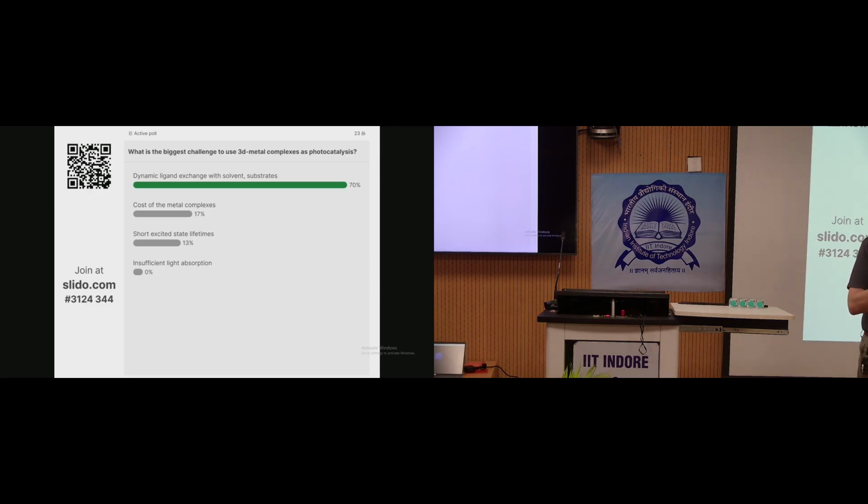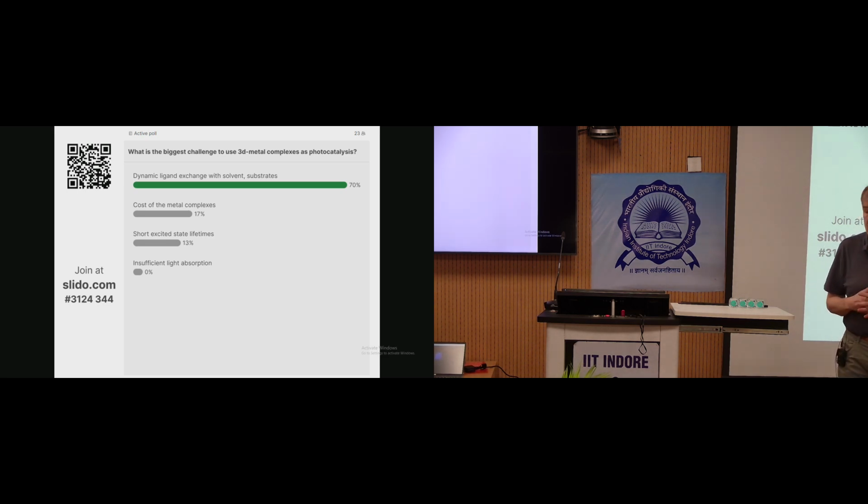On the other hand, you could think about this: if it is dynamic, even if you don't have the ligand you need for the light absorption all the time, you might have it some of the time, which might be sufficient. And the other thing, I showed you already this spectacular example of this chiral copper photocatalyst from the Emerging group from 2024. The advantage might be that if it is dynamic, it might interact with the substrates.